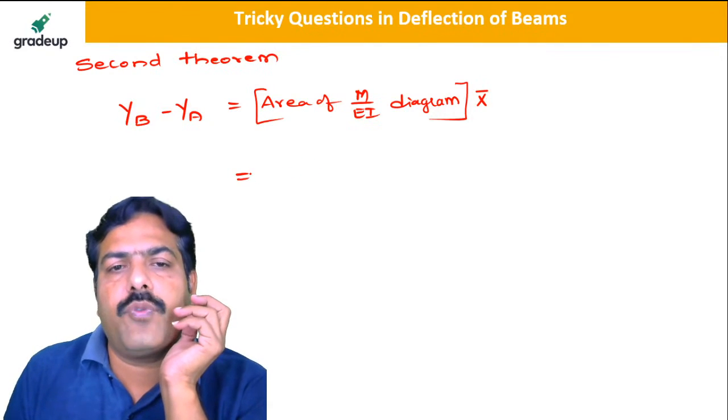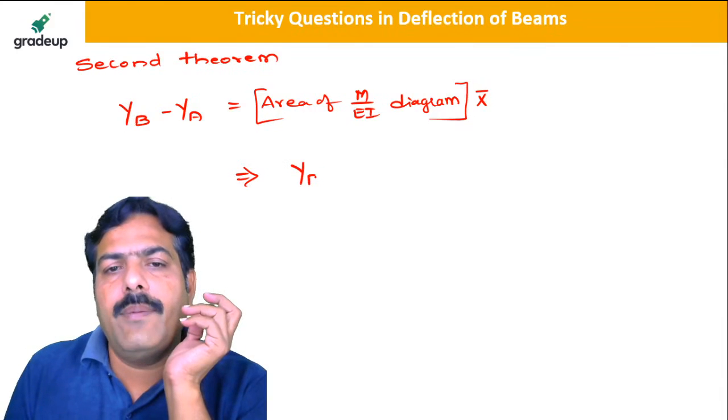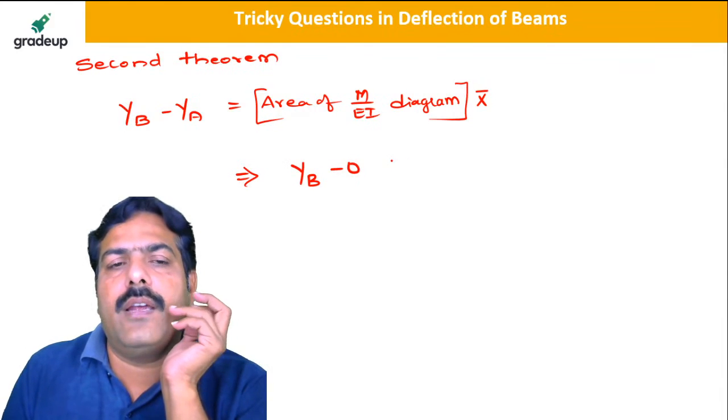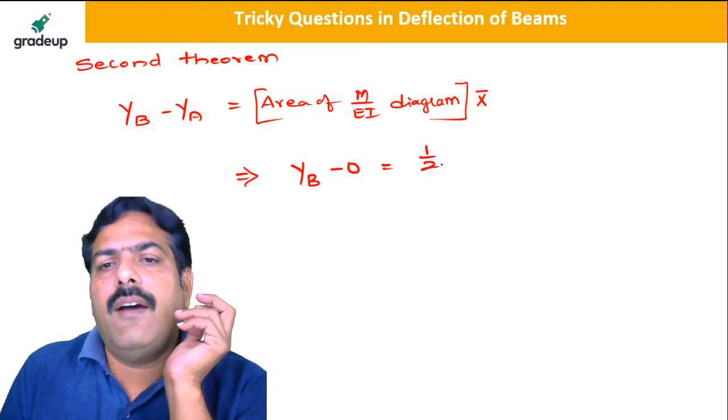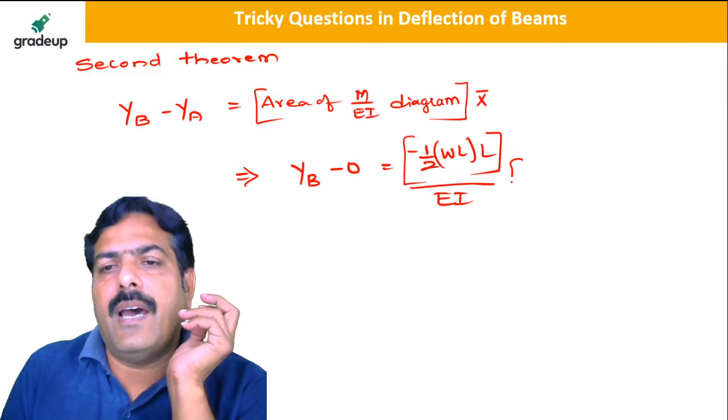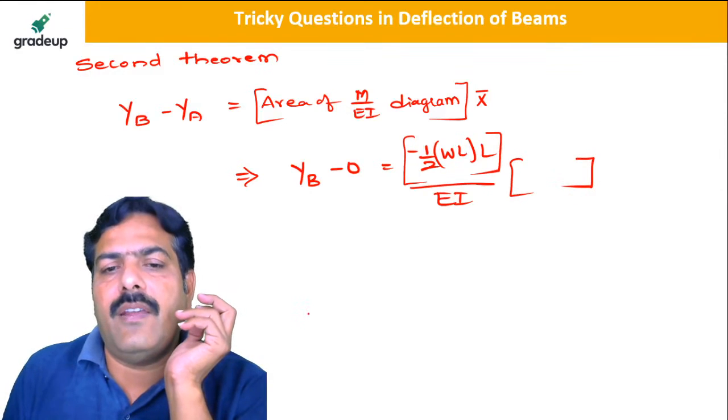So my dear friends, from this I can say that YB minus 0, since the deflection at A is equal to 0, is equal to half W into L, the area of the bending moment diagram, divided by EI, and X bar. Now how to take X bar, my dear friends?